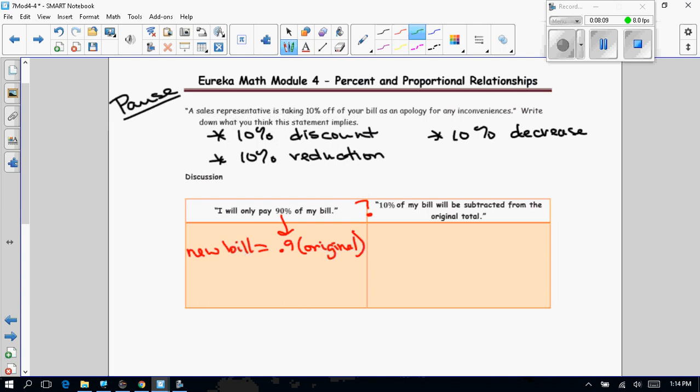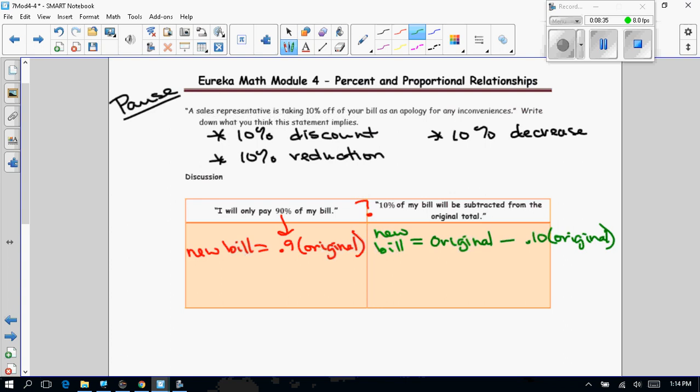So let's take a look at the other one. We have our new bill, and they're saying 10% will be subtracted from the original. So we have the original, and we're going to subtract 10%. 10% we know is 0.10 of the original. Are those two things equivalent?